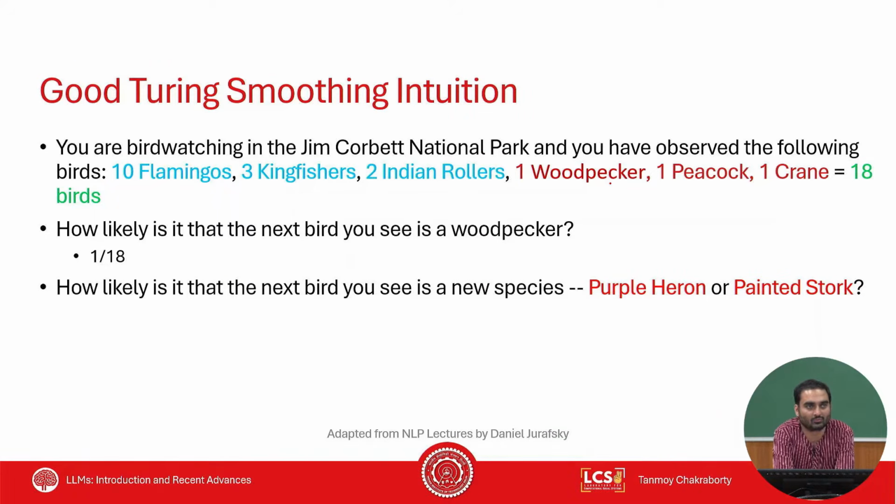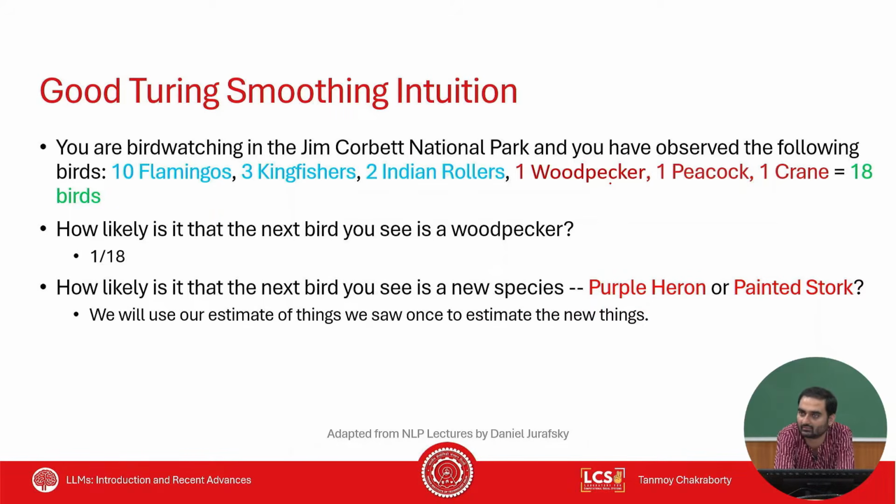If I ask you what is the probability that the next bird that you are going to observe is, say, a purple heron, a new species altogether, according to the maximum likelihood estimate, this would be 0 by 18. But the Good-Turing estimate will say that in order to estimate the count of 0, I will look at the count of 1.